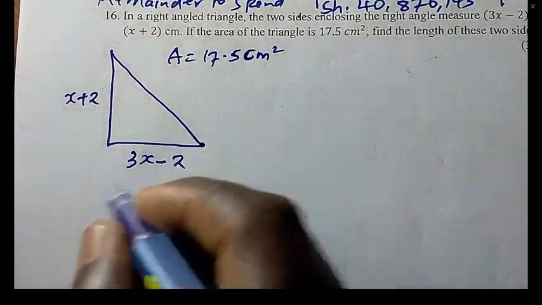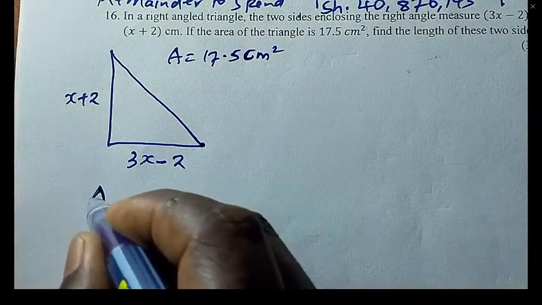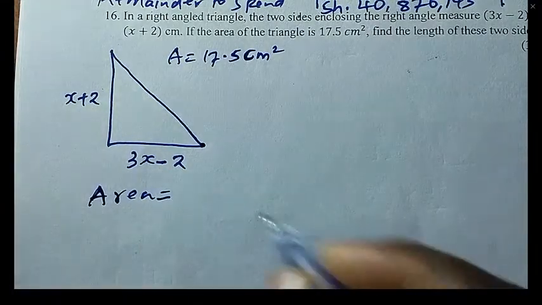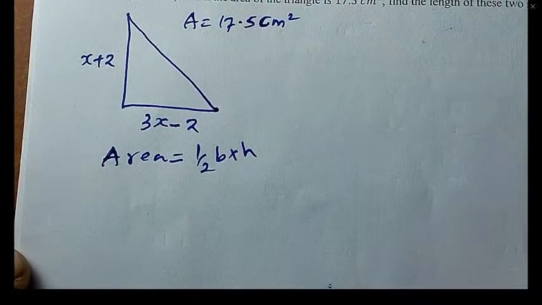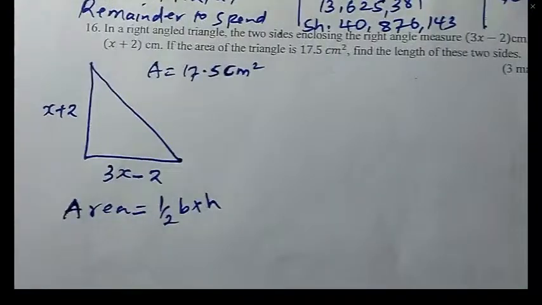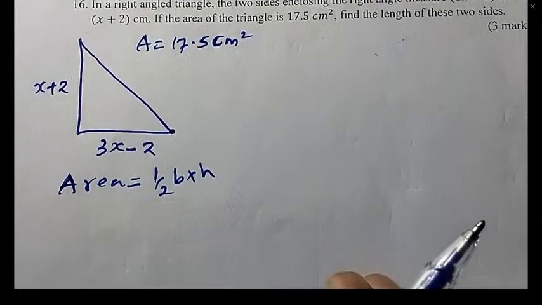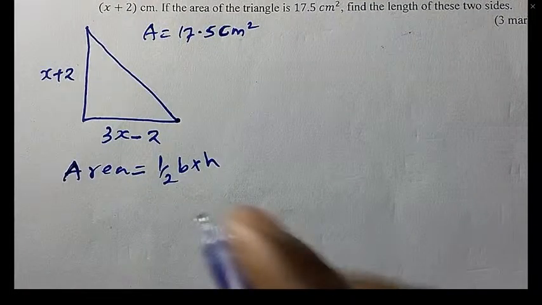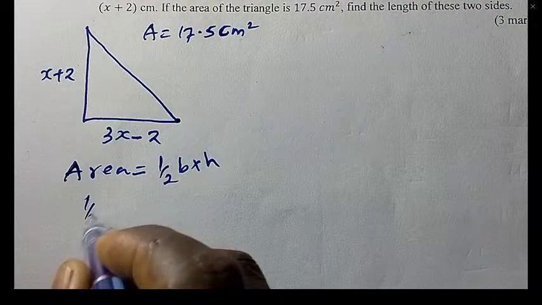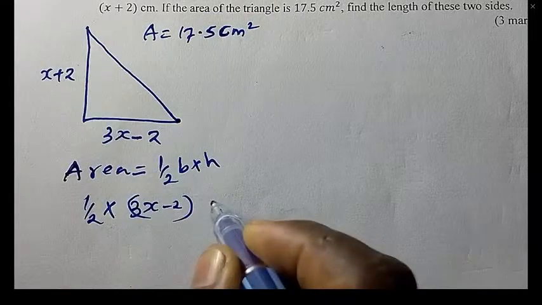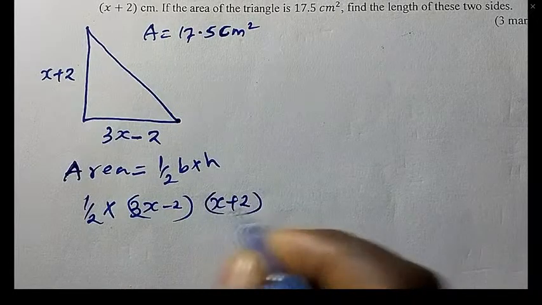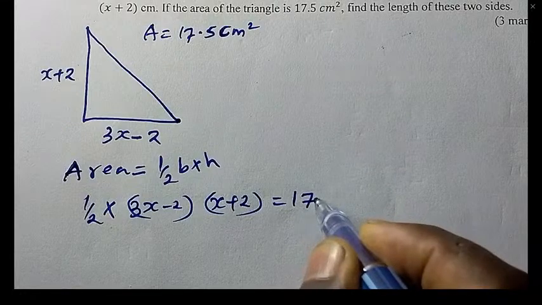We know that area is equal to a half base times height. We know that. So we have a half times 3x minus 2 times x plus 2 will give us 17.5.